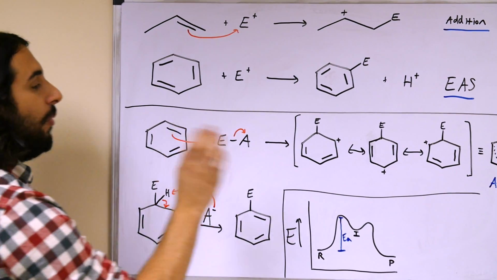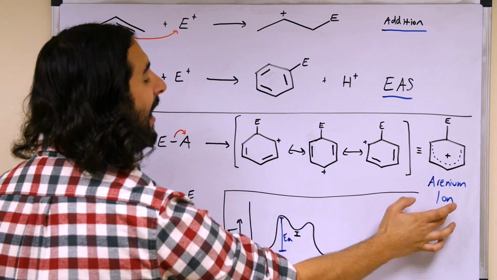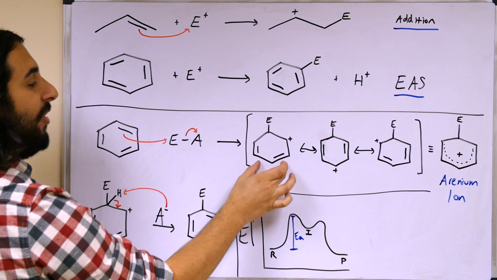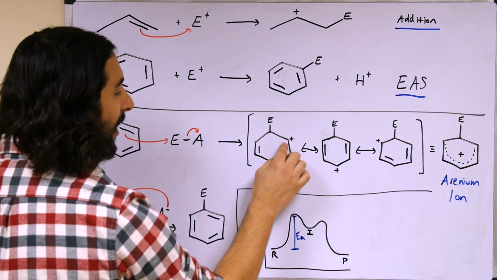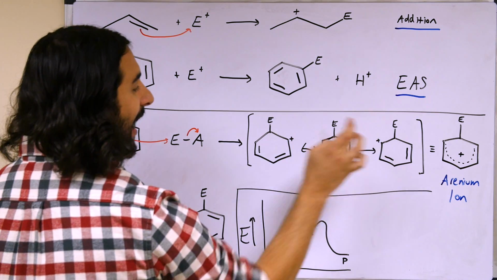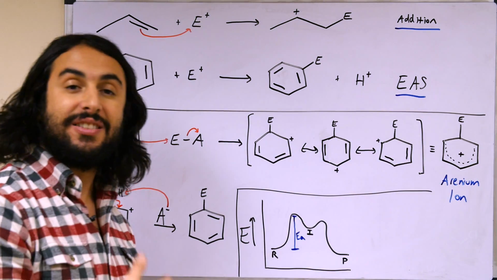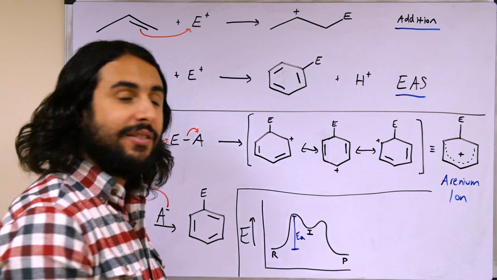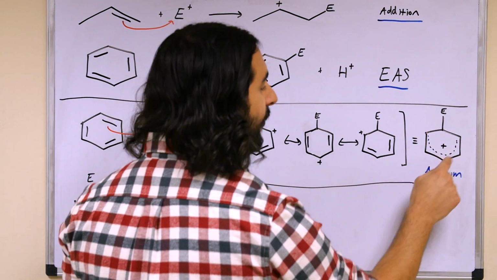And so with a benzene ring, what we end up with is the arenium ion intermediate, because this has three different resonance structures, right? We could move this bond here and put the cation there, and then we could move this bond here and put the cation there. Now, the composite resonance structure shows us that in actuality we have pi electron density delocalized all about the majority of the molecule.